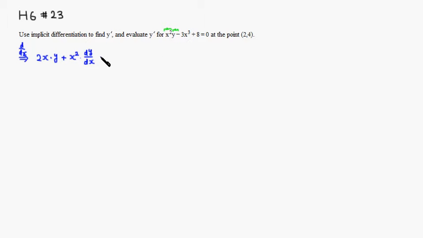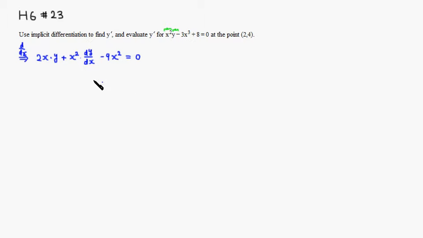So it's negative 3 times 3, which is negative 9, x to the power minus 1, so it's going to be squared. The derivative of 8 is going to be 0 since 8 is a constant, so I'm not going to write anything down. And the derivative of 0 is 0 since it's a constant too. Right, so we have that.